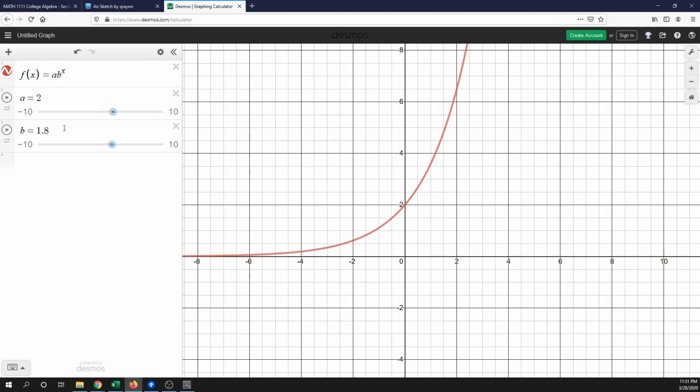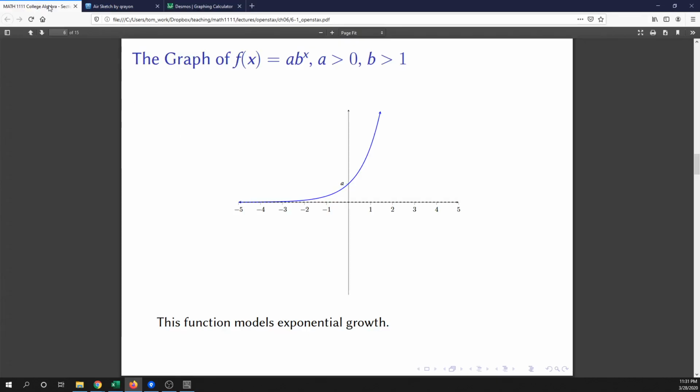All the ones that have positive a and b bigger than 1 are all increasing as they go up like this. By the way, I forgot to mention that this situation here is the function that models exponential growth, and later on we will talk about exponential growth models.